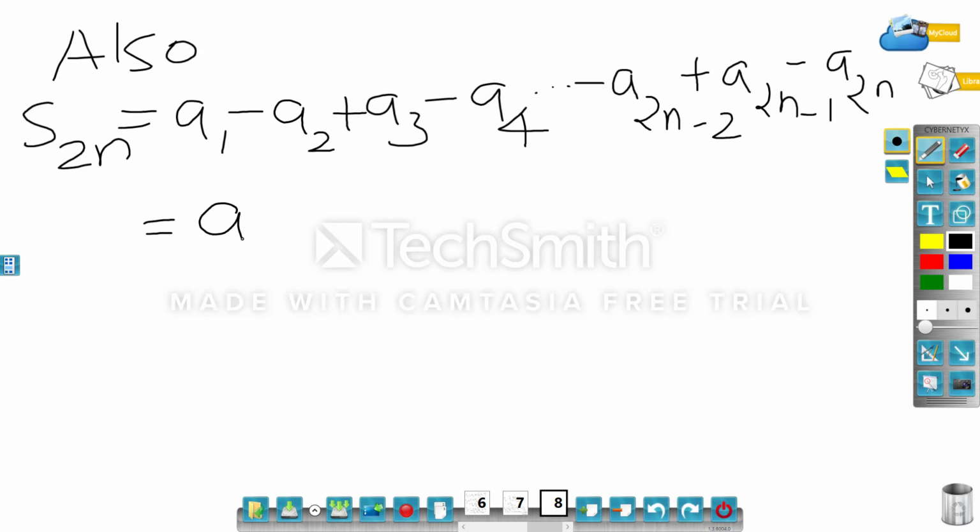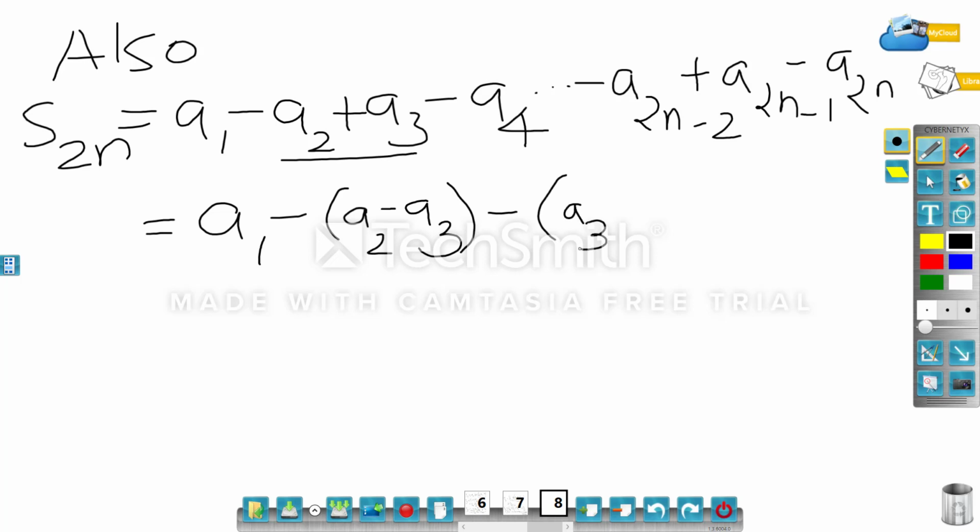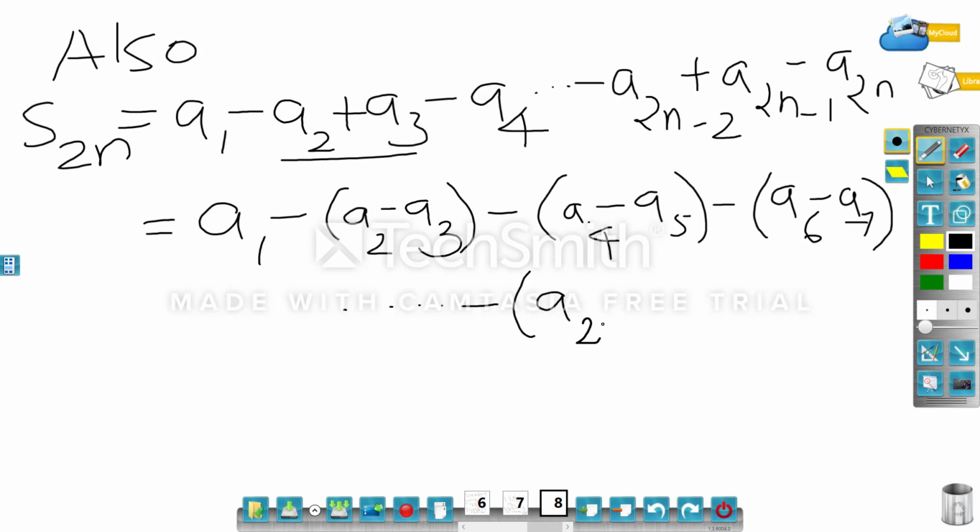If I take a minus sign common from this, I'll have a2 minus a3, similarly a4 minus a5, similarly a6 minus a7, and so on, up to a of 2n minus 2 minus a of 2n minus 1, minus a of 2n.